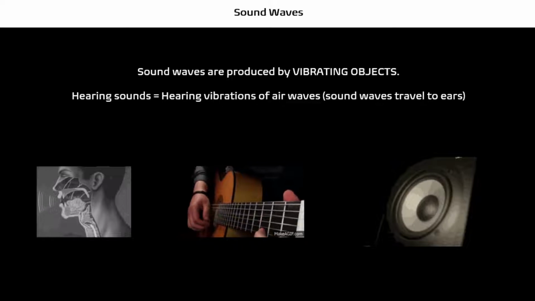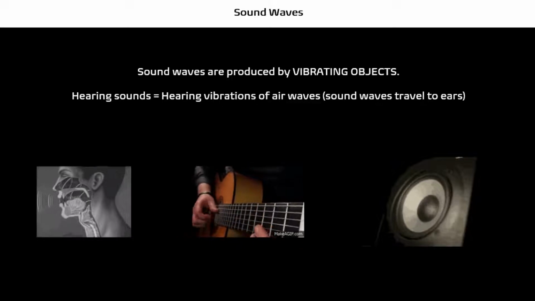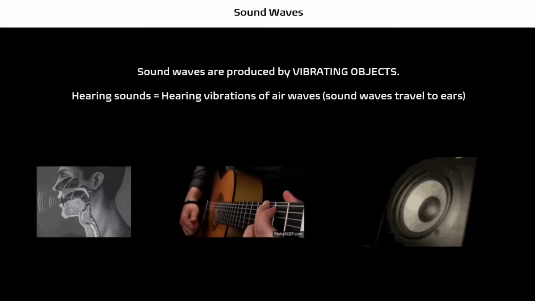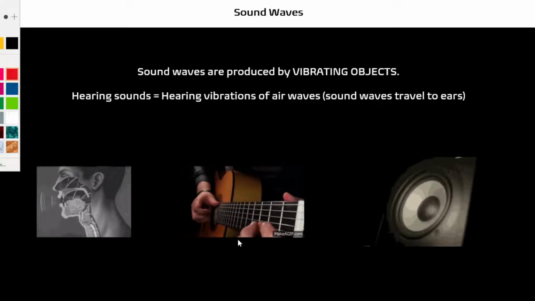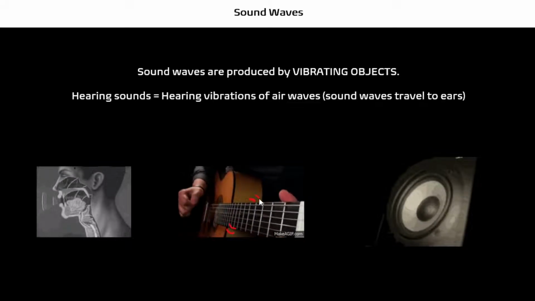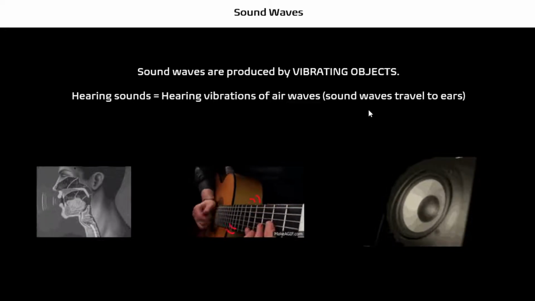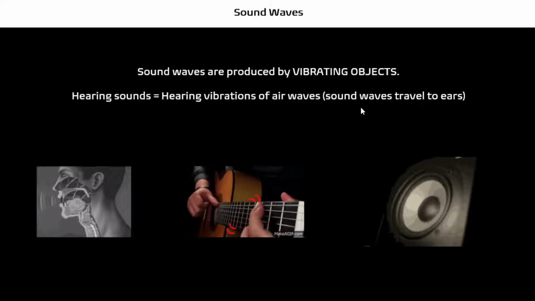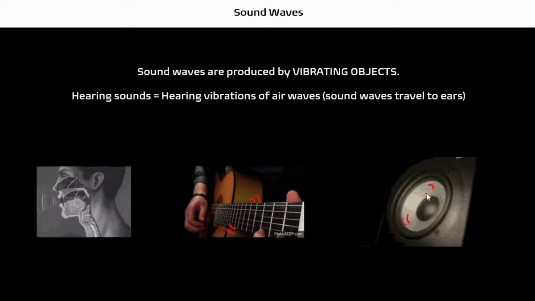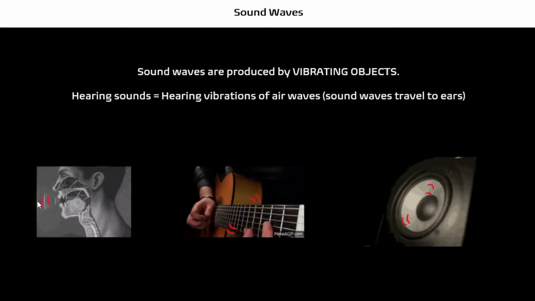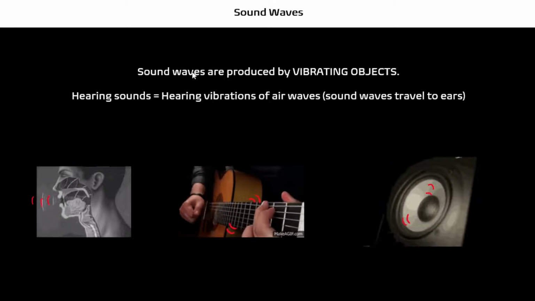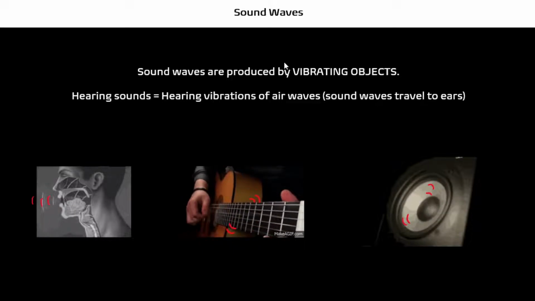So for example, when a guitar is being played, the guitar strings are going to vibrate the air molecules around it, and those vibrations will travel to our ears as sound waves, and we'll be able to listen to the music. The same concept works for loudspeakers or when you're speaking. But the key word here is that all sound waves are produced by vibrating objects.